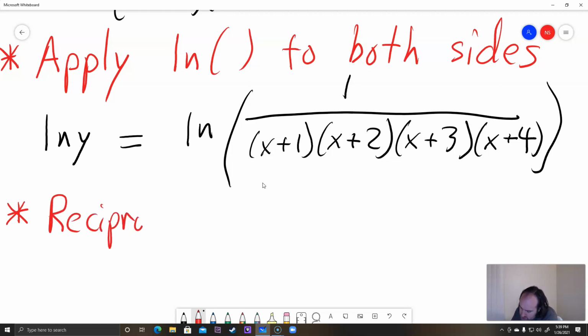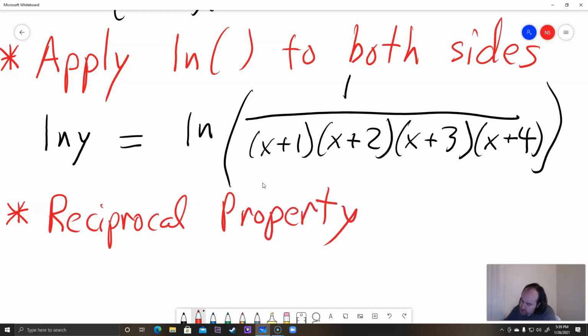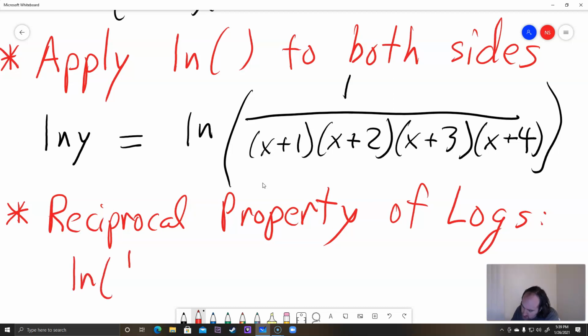All that says is that ln of 1 over u is equal to negative ln of u, where u is any expression.